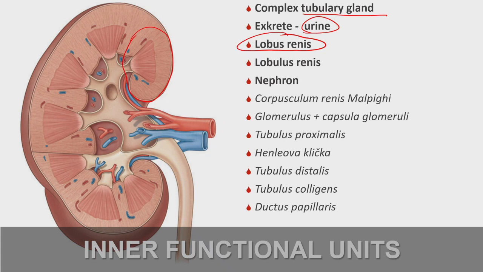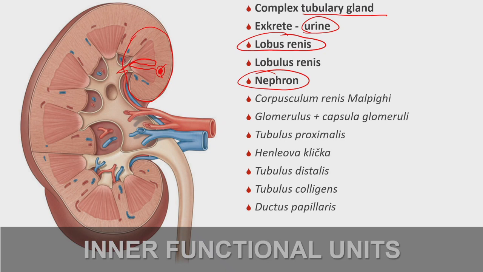Lobus renis is one functional unit which is then divided into lobuli, and the smallest functional unit is called the nephron. The nephron is a complex structure which starts in the cortex or in the column and is then made of two tubular structures and finally is able to excrete the urine into the collecting system.